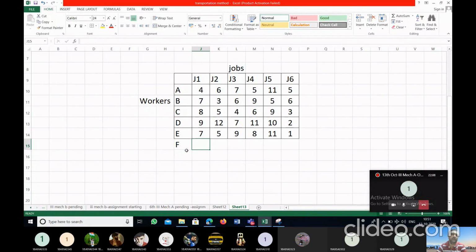Some textbooks refer to it as D or D1, which can cause confusion, so I suggest you don't write anything. Simply take F. A new worker is added, but the new worker has all parameters as zeros.